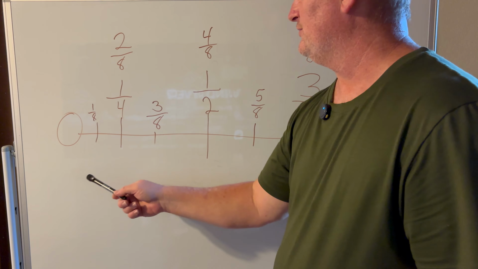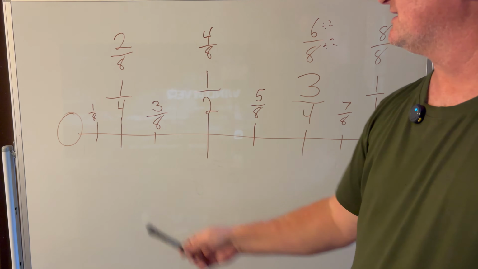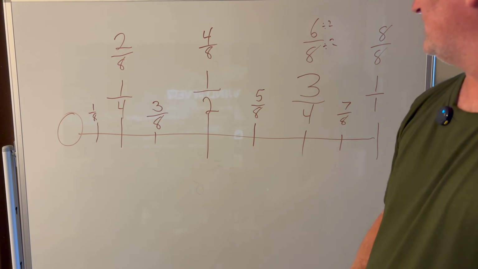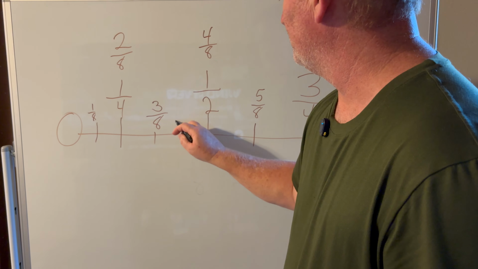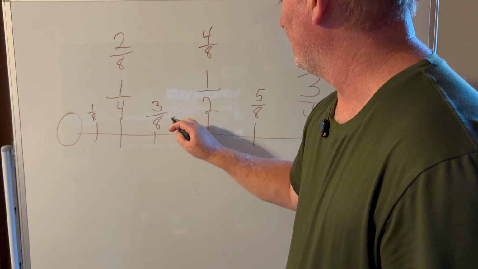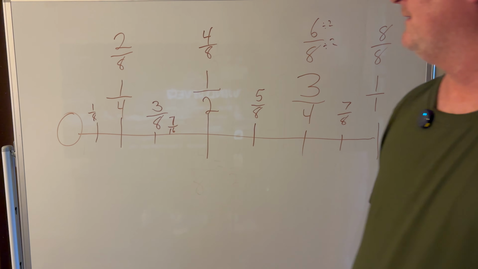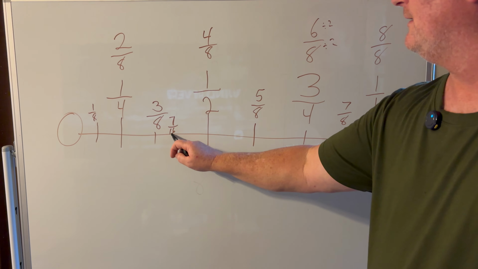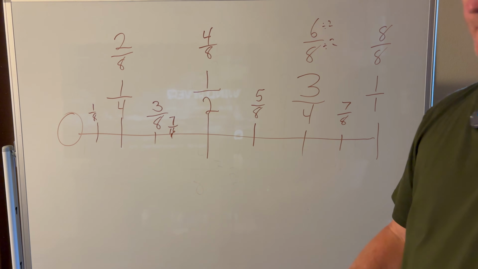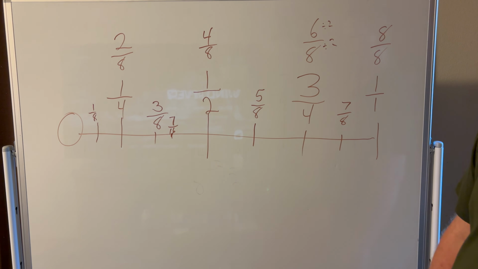So 2, 4, 6, 7, 8. 7/16 would be right in here. It's not equal to anything, it's just 7/16.